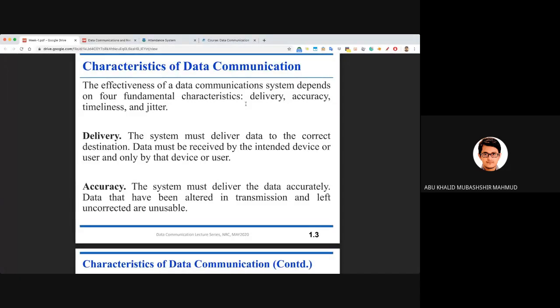The delivery part, on which effectiveness of data communication system depends. What do you understand by it? The system must deliver data to the correct destination. Data must be received by the intended device or user and only by that device or user.